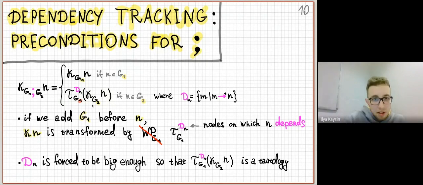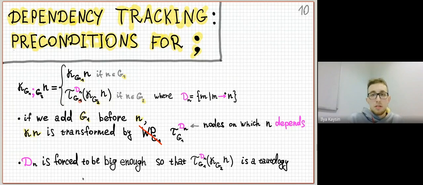And as soon as we need it, we want this transformer to be strong enough to transform this precondition into a tautology. In this sense, we need the set Dn to be big enough so that this thing is a tautology. And what does it mean for Dn to be big enough?